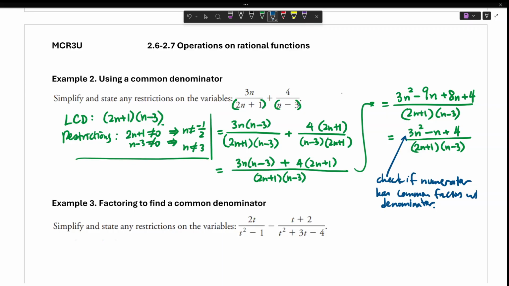But if it were factorable, maybe you want to check that you actually don't have any common factors, so you are done simplifying. So our final answer is 3n squared minus n plus 4 over 2n plus 1 times n minus 3, and our restrictions are n can't be equal to negative 1/2 or 3.